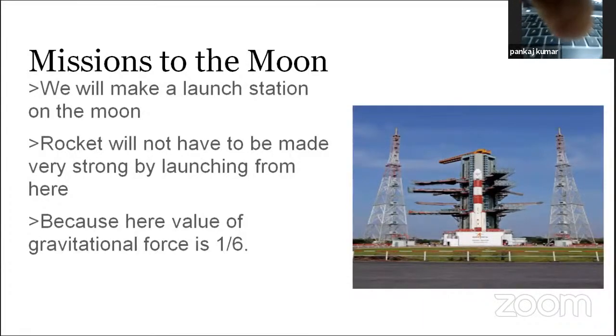Launch station on the moon. We will make a launch station on the moon. Rockets will not have to be made very strong when launching from there, because gravity there is 1/6. हमारा मिशन यह है कि हम चंद्रमा पे जाके एक स्पेस लॉन्चिंग स्टेशन बनाएंगे, जिससे कि हमें ज्यादा स्ट्रॉन्ग रॉकेट नहीं बनाना पड़ेगा. धरती पर से लॉन्च करने के लिए हमें ग्रेविटेशनल फोर्स को लॉस करना पड़ता है. इसके लिए हमें बहुत ही हेवी रॉकेट को बनाना पड़ता है, और वहाँ पे ग्रेविटी भी कम है.